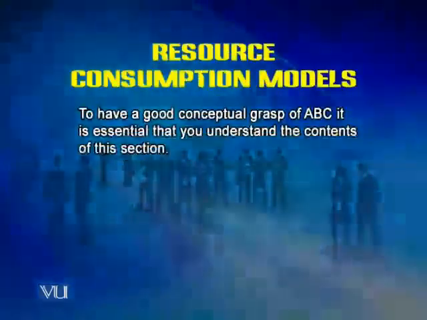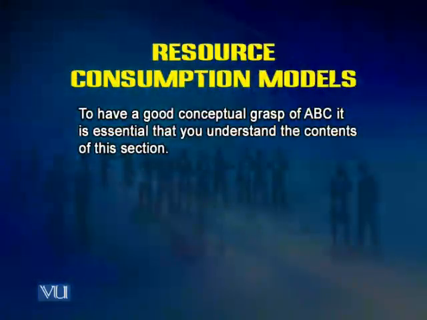The cost of used resources is identified separately and allocated directly to product. And you have a separate identification of the unused. To have a good conceptual grasp of ABC, it is essential that you understand the contents of this section.